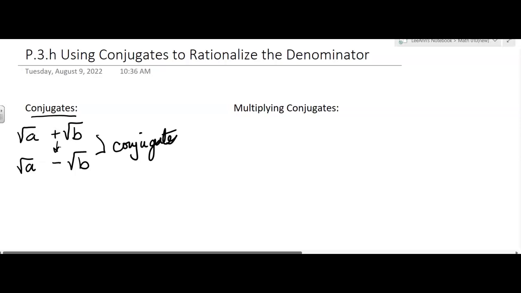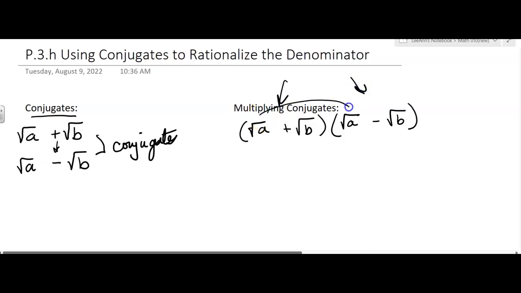Okay, so let's see what happens when we take conjugates, so the square root of A plus the square root of B, and we multiply them together. Conjugates kind of come in pairs. So here's one expression, square root of A plus the square root of B, and here's the conjugate of that expression, square root of A minus the square root of B. Well, when we multiply, you have the square root of A times the square root of A, right?